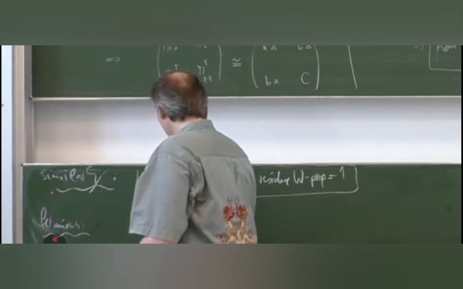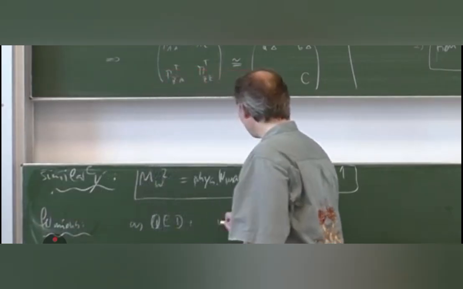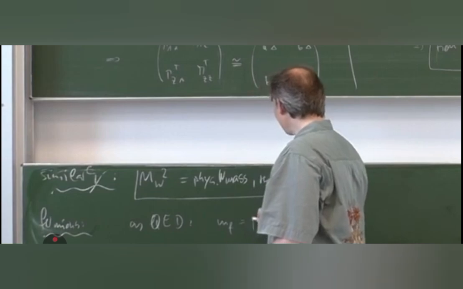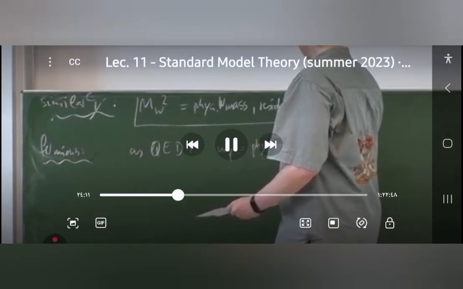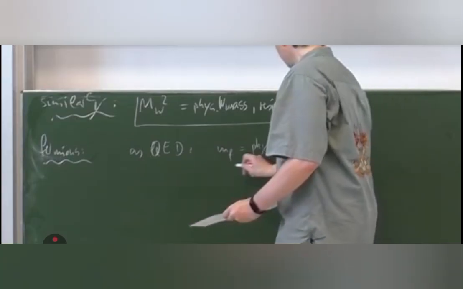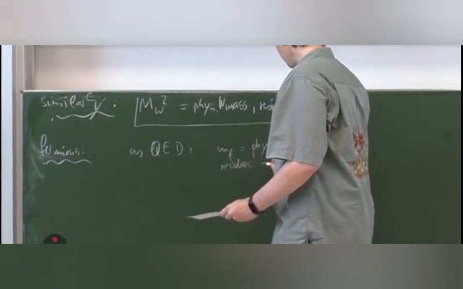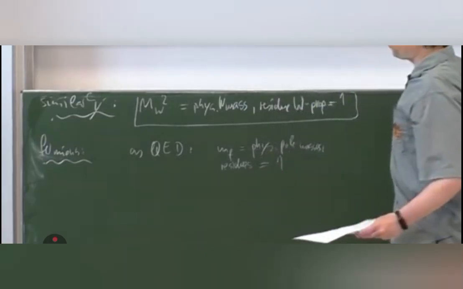Like in QED, the masses MF correspond to the physical pole masses of the particles. All the residues of the propagators are equal to 1.